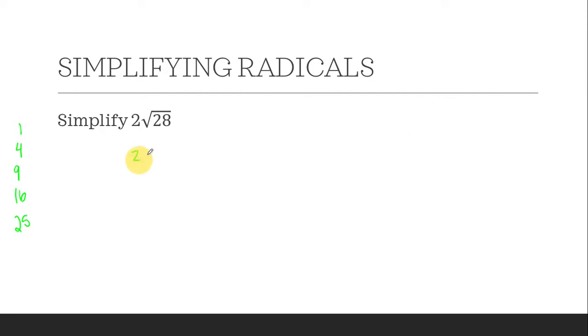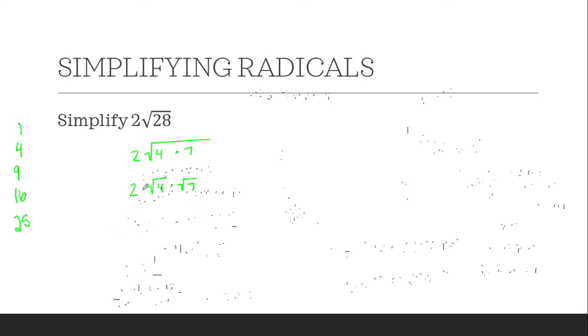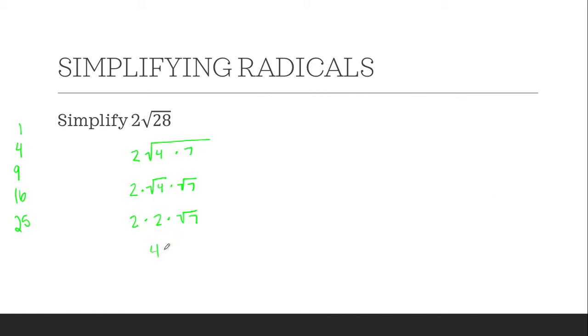So we know that it's the square root of 4 times 7. 2 times the square root of 4 times the square root of 7. The square root of 4 is 2, so 2 times the square root of 7. 2 times 2 is 4. 4 square root of 7 is my simplified radical.